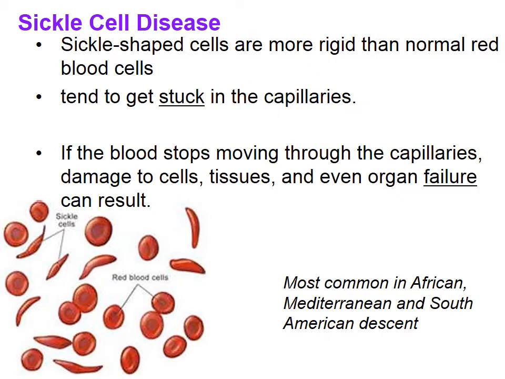And also these sickle-shaped cells are a little bit stiffer or more rigid than normal ones, and they get stuck in the capillaries. And when they get stuck in the capillaries, that's when there's problems. So this can cause damage to cells, tissues, and even the organs. Now, sickle cell is most common in people of African, Mediterranean, and South American descent.